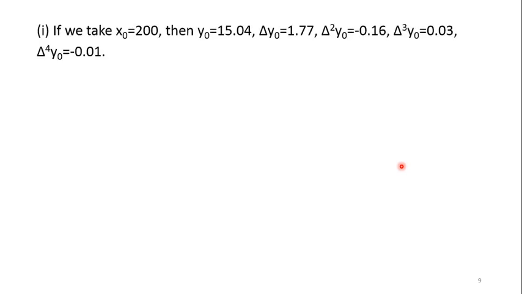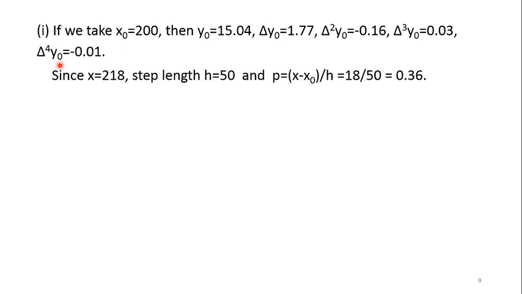Now we take x0 equal to 200, then y0 corresponding to this, delta y0 equal to 1.77 from the table, delta 2, delta 3, delta 4. Since x equals 218, the step length h equals 50 and p equals x minus x0 upon h, that is 18 upon 50, that is 0.36.